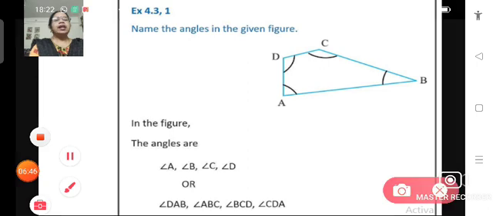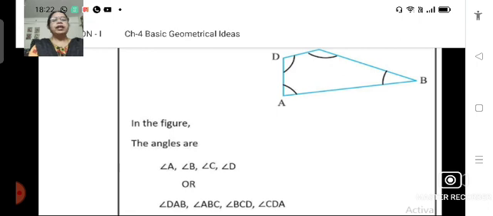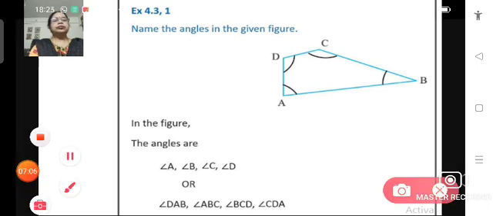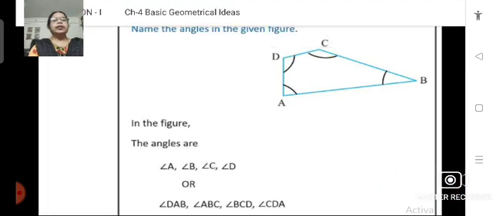So we can name the angles like angle A, angle B, angle C and angle D, or we can name them as angle DAB, angle ABC, angle BCD and angle CDA. So we can name them in both ways.